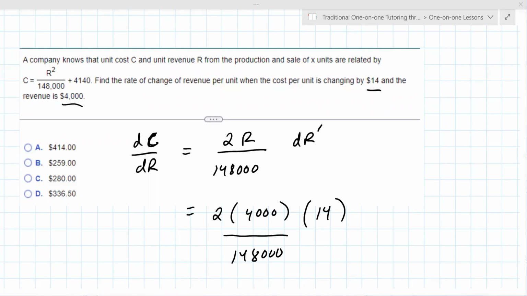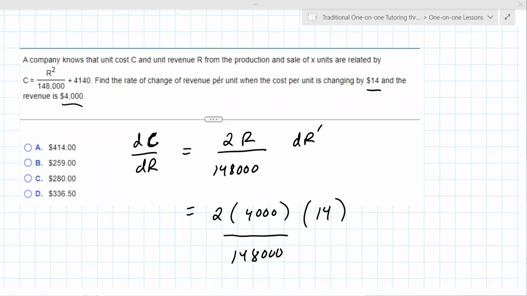I would understand if this all feels jumbled at this point, but that didn't work. Find the rate of change of revenue per unit when cost per unit is changing at $14 and the revenue is, did I not multiply? Find the rate of change of revenue per unit.